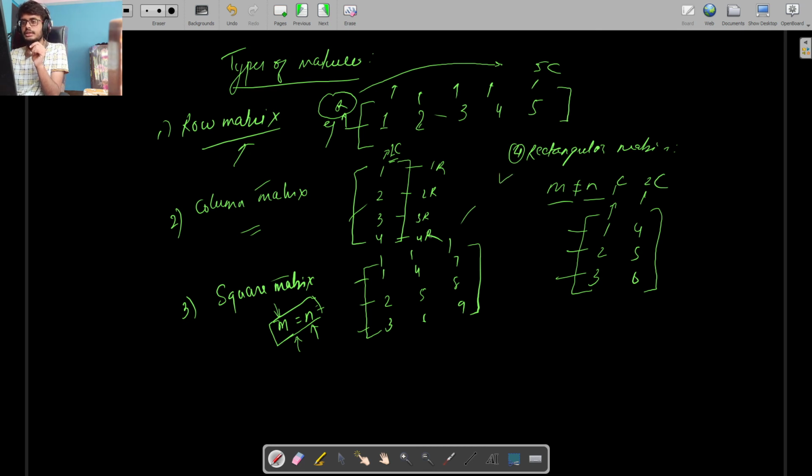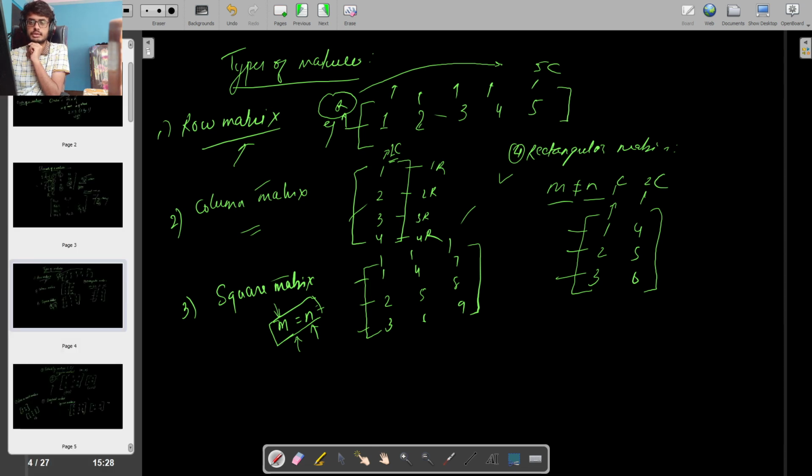A rectangular matrix is a matrix where m is not equal to n, which means the number of rows and columns are not the same. Here we have 3 rows and 2 columns, so m is not equal to n. These are the 4 simple types.